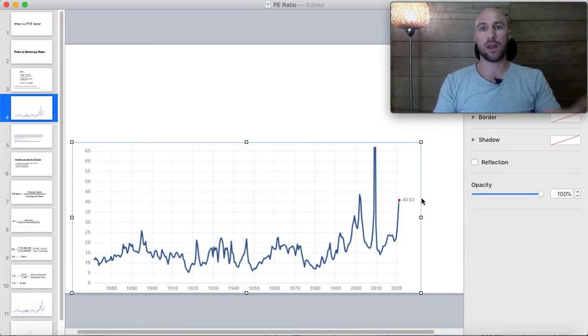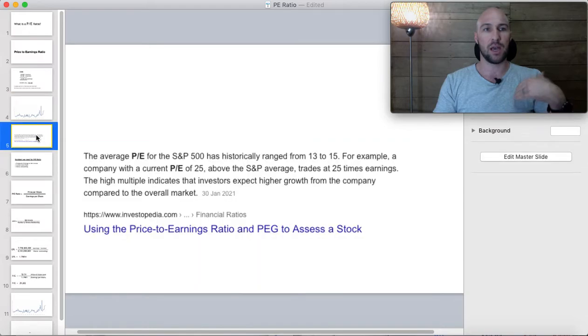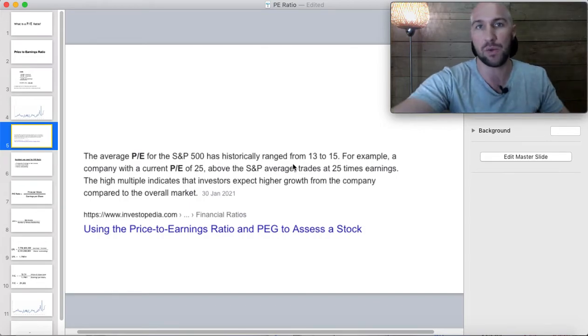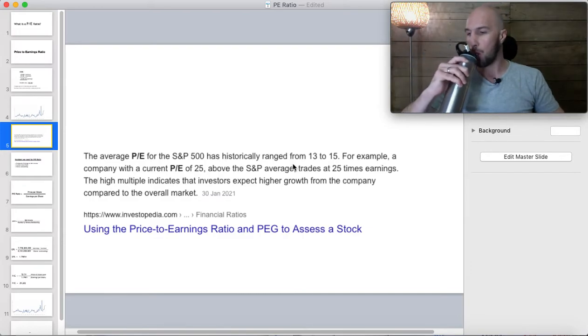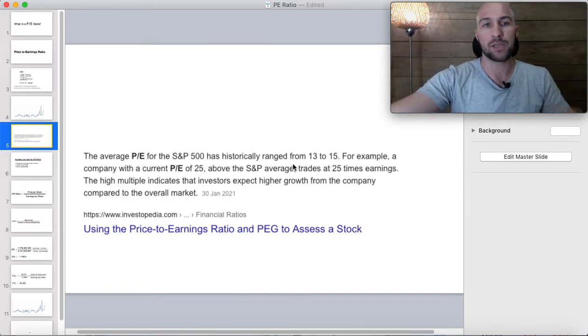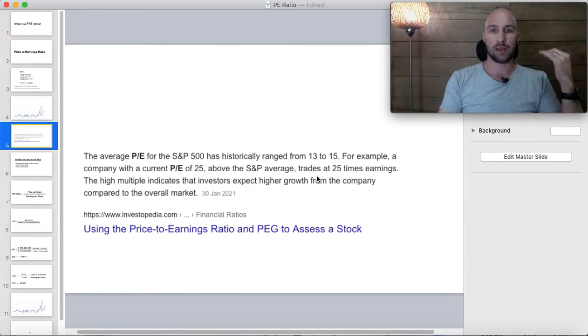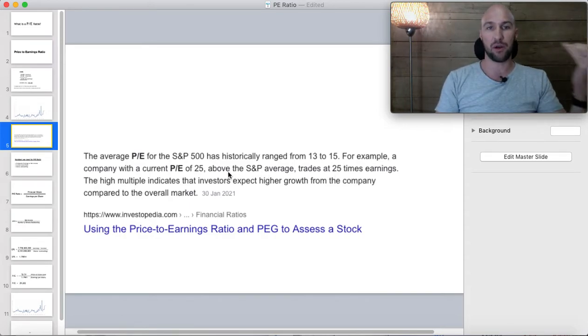So at 41, it's definitely overvalued, because according to Investopedia, the PE of the S&P 500 has historically ranged from 13 to 15, meaning that it was quite high at that time. A PE of 25 and above means that it trades at 25 times earnings.